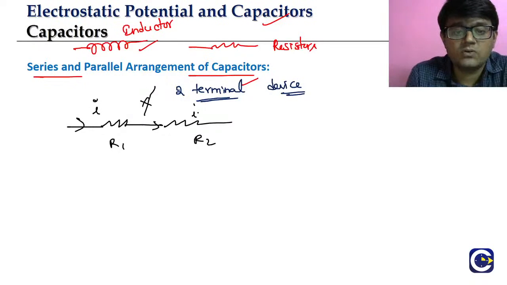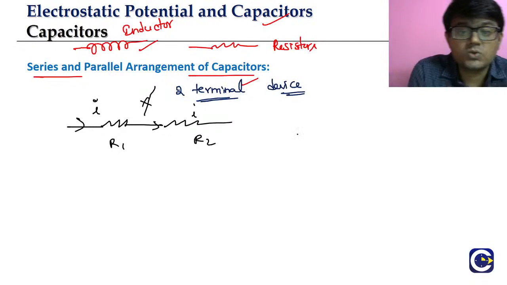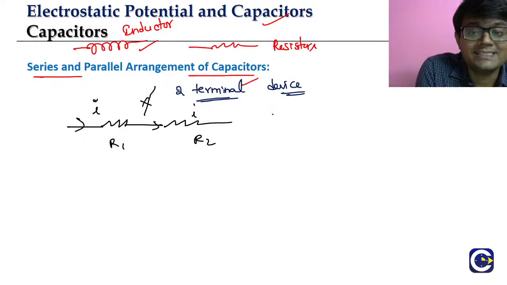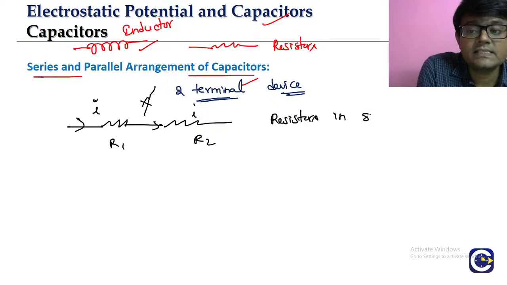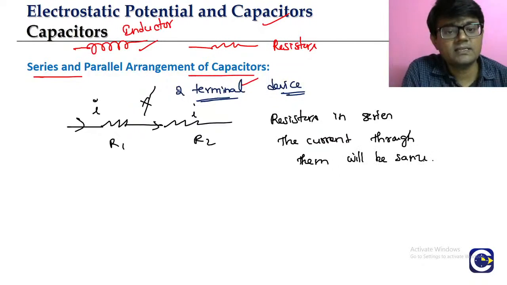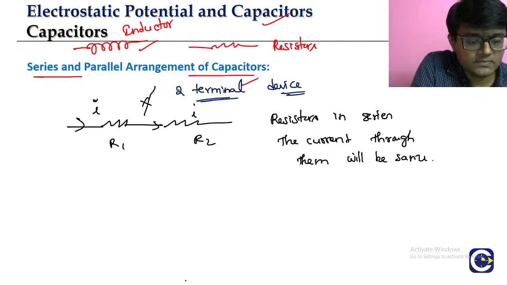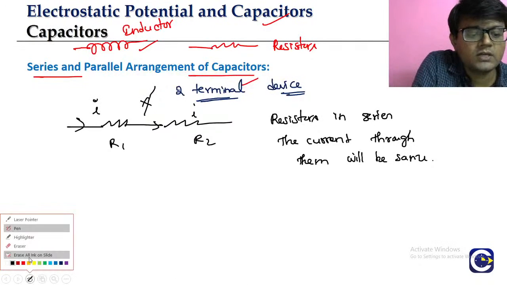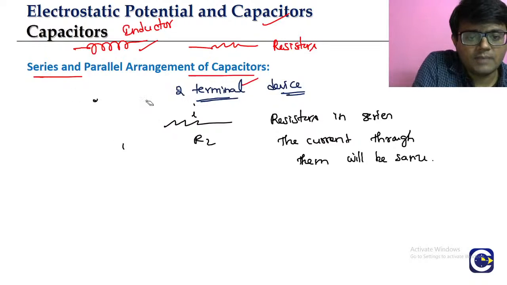So for resistors in series, the current through them will be the same. We will discuss this again when we go to resistors. Here we are focusing only on capacitors.